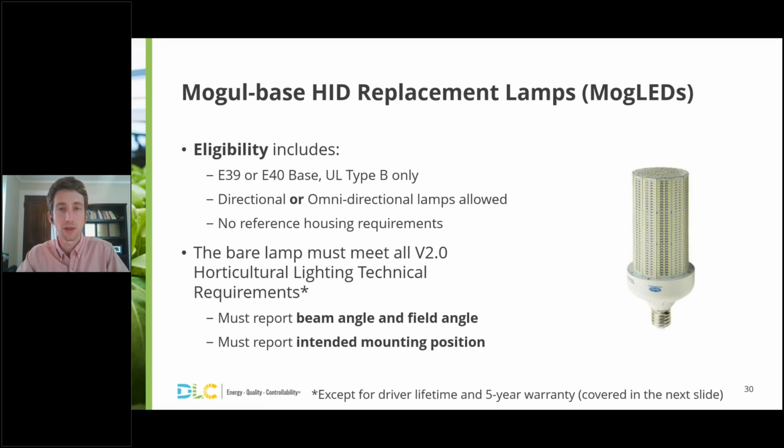Both linear replacement lamps and MOG-LEDs must meet all the version 2.1 requirements. Specific to MOG-LEDs, you also need to report the field angle in addition to beam angle. And for the MOG-LED type products, you must report the intended mounting position, which is either horizontal, vertical, or universal.